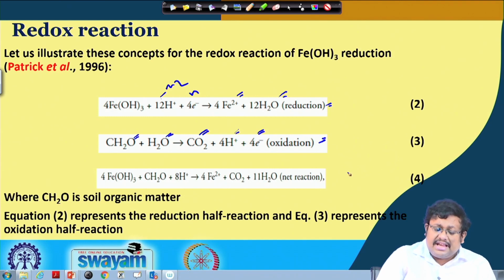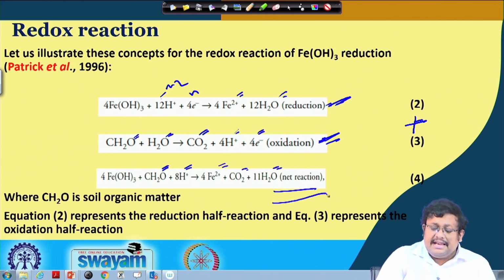So, this is an oxidation reaction, and finally, if we combine these two reactions, the oxidation reaction and the reduction reaction together, that is reaction 2 plus reaction 3, we will get this final reaction where 4 molecules of ferric hydroxide and organic matter in the presence of 8 protons will produce 4 ferrous ions, carbon dioxide and 11 molecules of water. So, this is the net reaction.